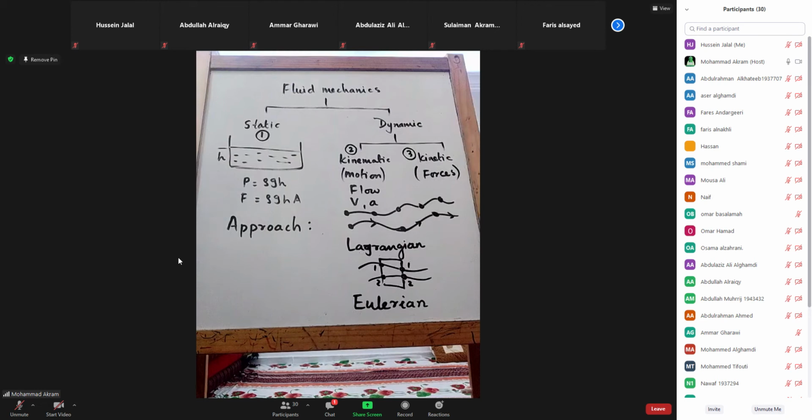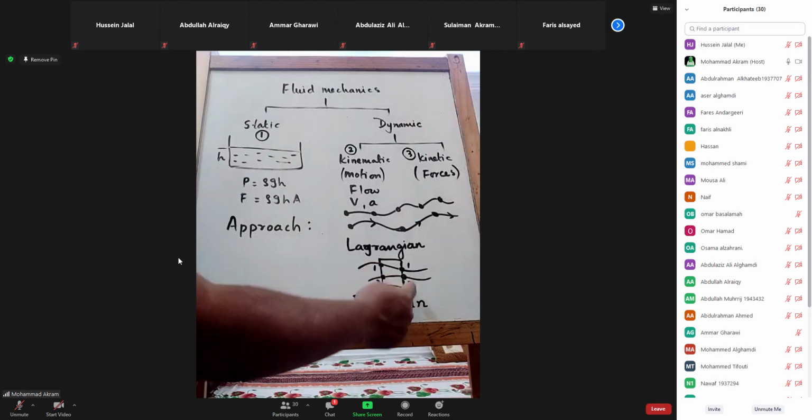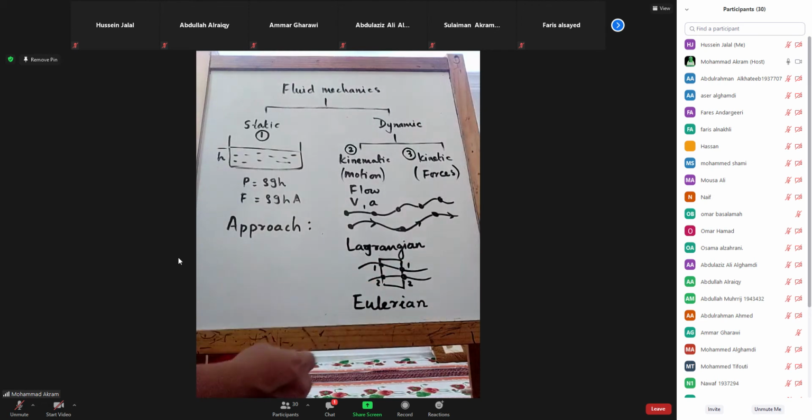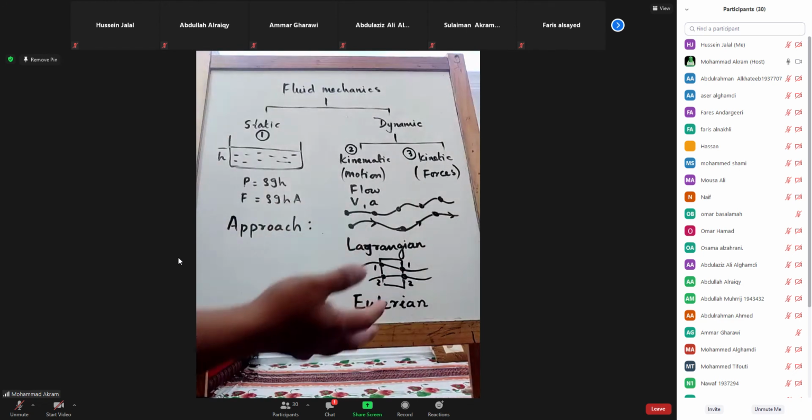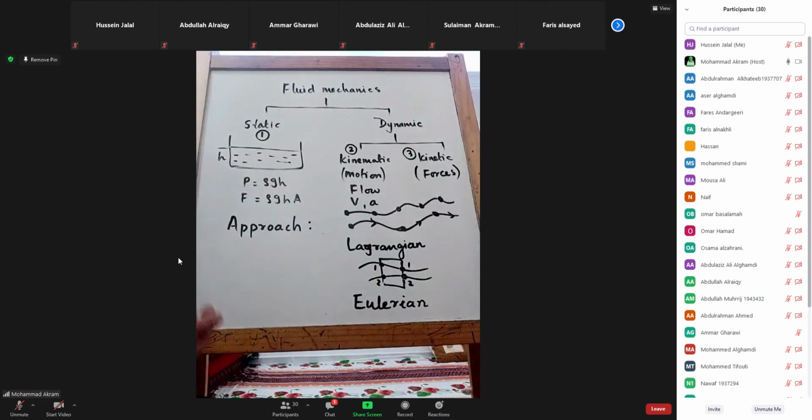Now I said this area I'm focusing on, what particles are coming in. It depends whether it is a small area or a large area. If it is a large area, then again the number of particles coming in is large. I hope you have understood the Lagrangian and Eulerian approach.